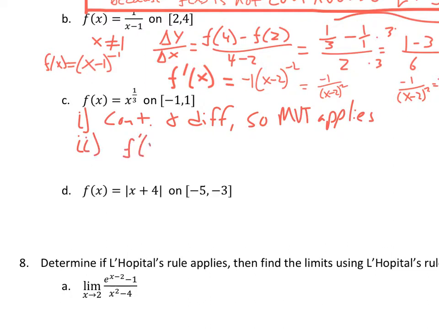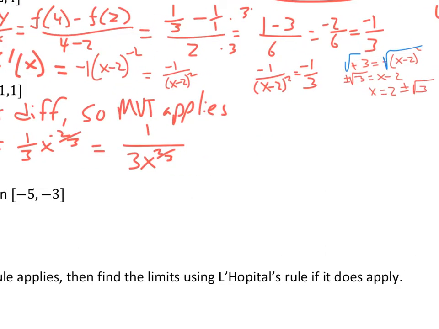f prime of x is going to give us 1/3 x to the negative 2/3, also known as 1 over 3x to the 2/3. Let's find our secant line.